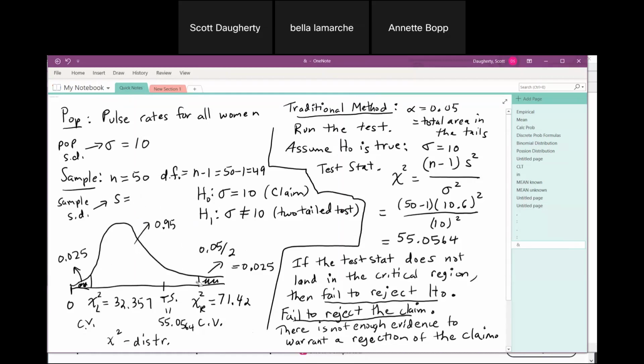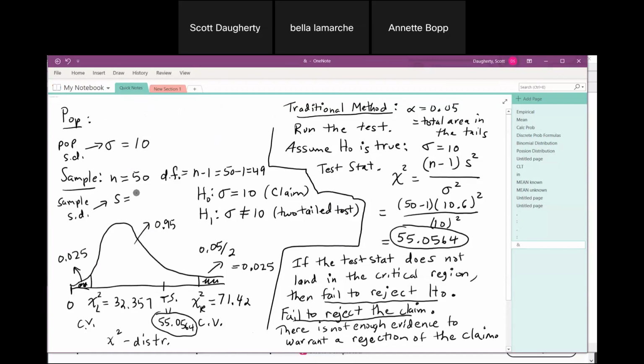And I'll show you that in those cases, they'll land in the critical region. Yeah, I guess I'll do it now. So let's go ahead and do it now.